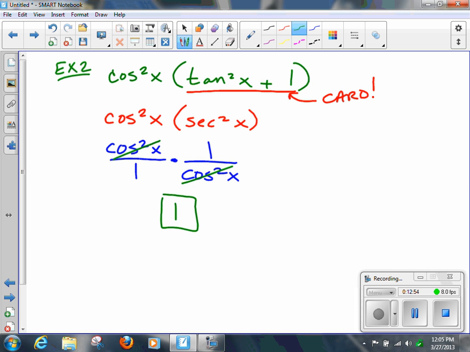Yes? Why do I flip it here? From here to here because this is the reciprocal. Secant is 1 over cosine. Absolutely. Yes.